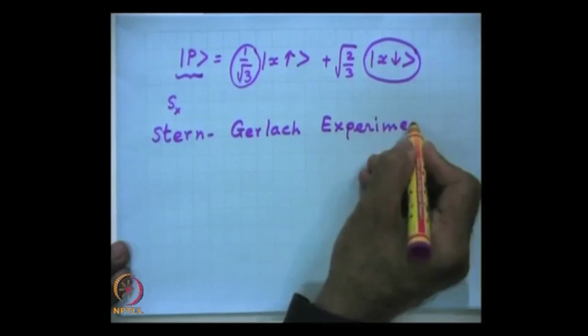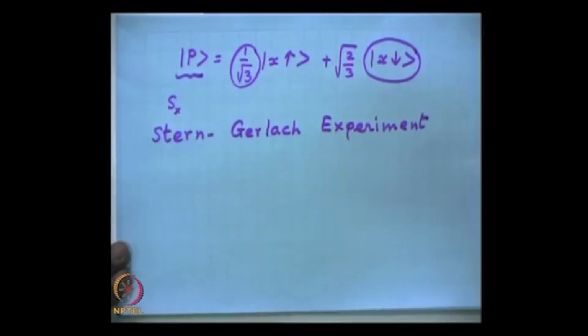Now, the electron is endowed with an intrinsic angular momentum, and this angular momentum is usually referred to as the spin angular momentum. It is not that the electron is rotating about its axis. That is not a correct way to understand the concept of the spin angular momentum.